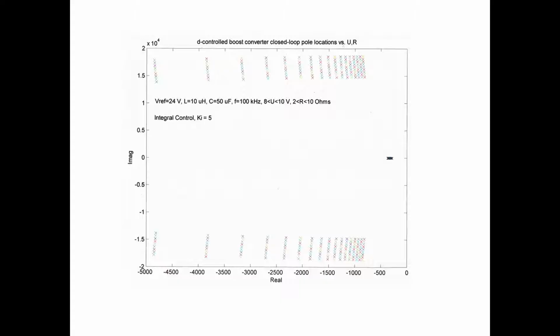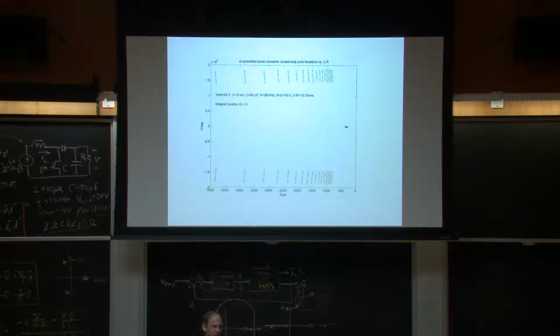And I'm going to have a dominant kind of first order pole, and then I'm going to have some lightly damped higher order poles. Any questions about that? So I could at least say I built a stable system that won't blow up, hopefully, for any of the loads or input voltages I'm going to put on this thing.